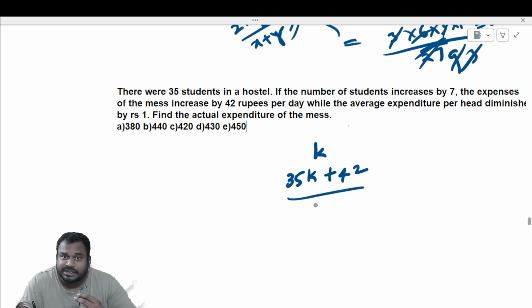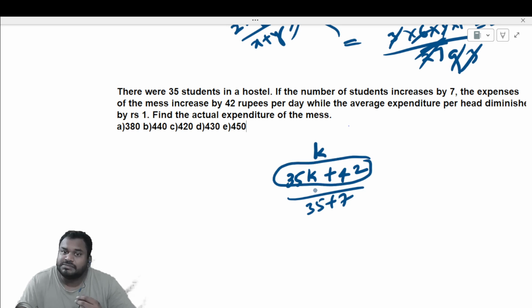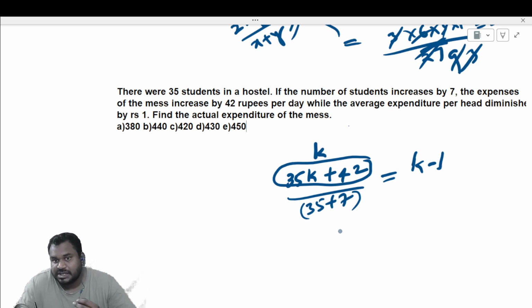The number of people would be 35 plus 7. This is the total expenditure and the total number of people after additions, and this gives the new average, which got reduced by 1. Initially it was K and reduced by 1. This is the direct equation you can write from the data given. From this you calculate K, then you will get the answer.